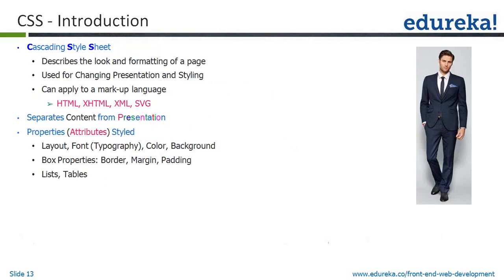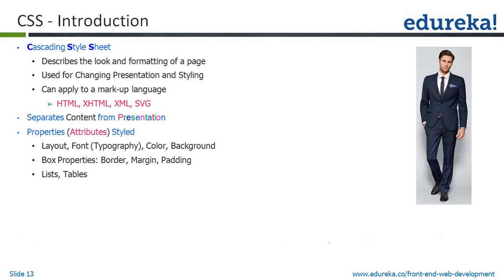Let's look at a brief introduction to CSS. CSS, as I said, is a cascading style sheet. Basically, it describes the look and formatting of the page. You can apply these CSS style sheets on any of these markup languages like HTML, XHTML, which stands for XML HTML, XML, which is extensible markup language, and SVG, which is scalable vector graphics.